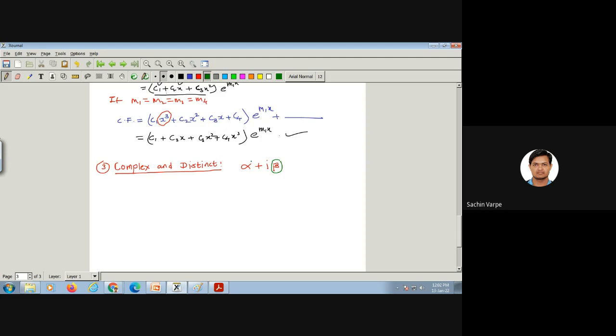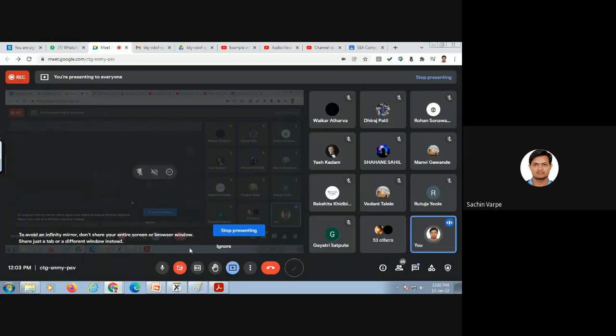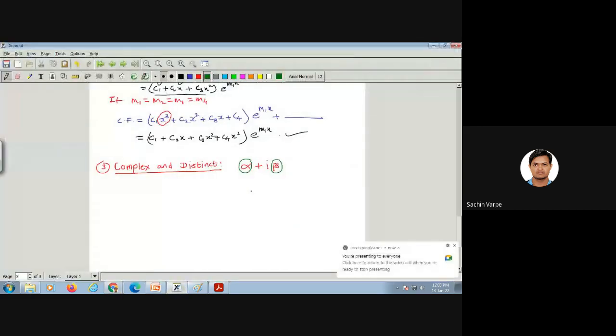Yes or no? Alpha is the real part and beta is the imaginary part. One thing about complex roots is that if alpha plus i beta is a complex root, then its conjugate is also a root. Alpha minus i beta is also a root, remember.